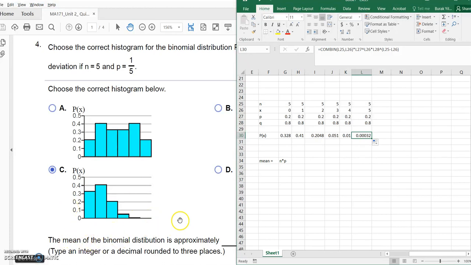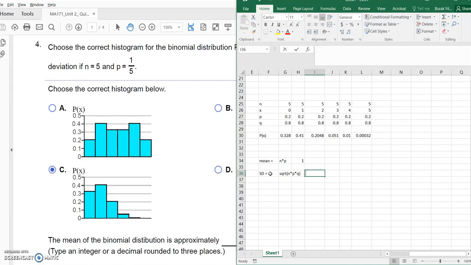And now we need to find the mean. The mean is n times p, so that would be just n multiplied by p, which is just 1. And the standard deviation is, as you remember, the square root of n times p times q.